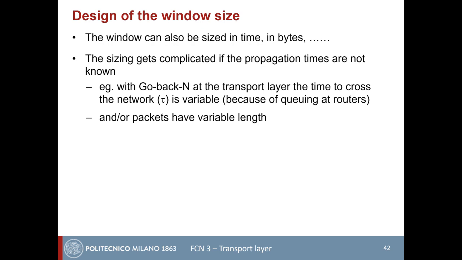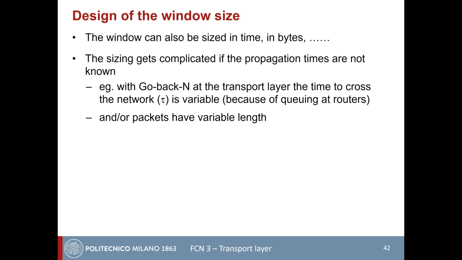And moreover, packets are transmitted on the network layer, that is the IP layer, crossing several hops. In these hops, you have the routers. When packets arrive at the routers, they are stored into queues.